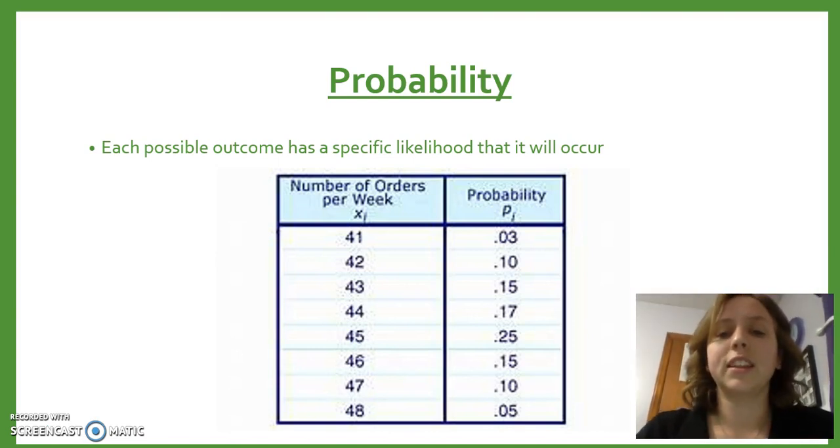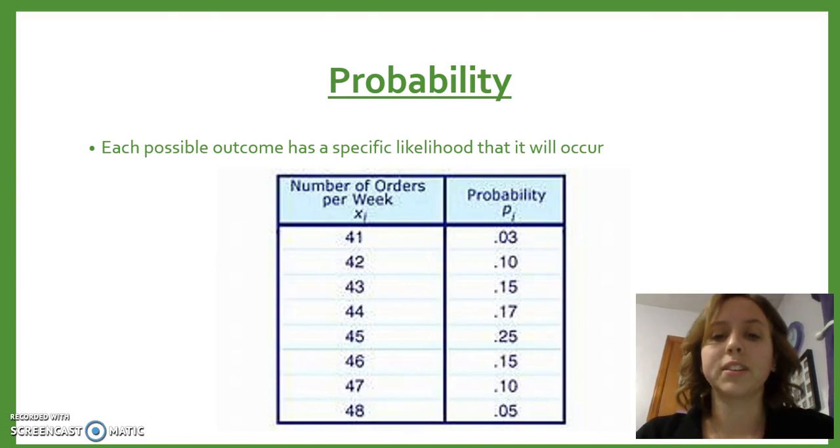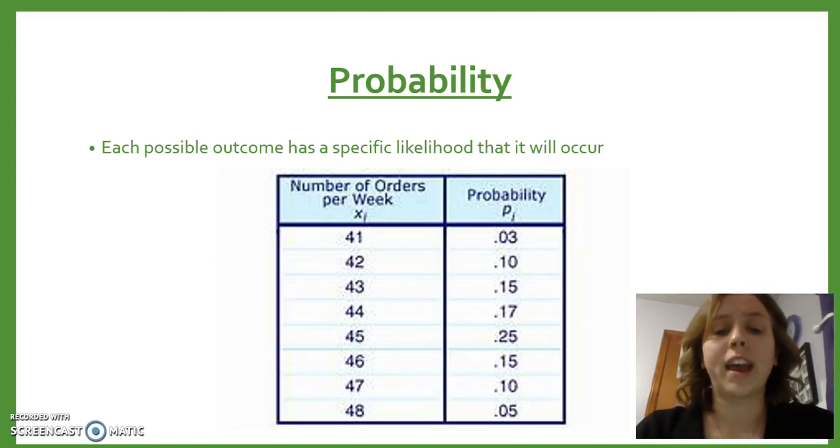For instance, in the table under the column where it says probability, you have to know that 0.03, 0.1, 0.15, 0.17, 0.25, 0.15, 0.1, and 0.05 all equal 1. If it does not equal 1, then there is something wrong with your data. They all have to equal 1, and that is a key concept to know for your Praxis.